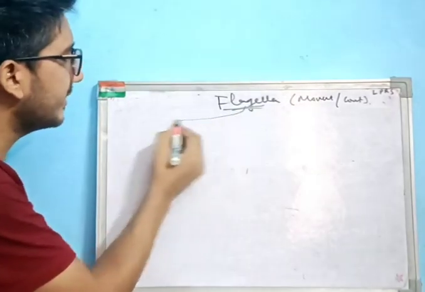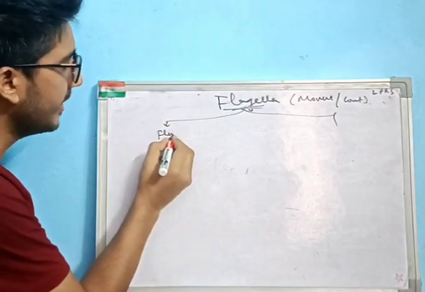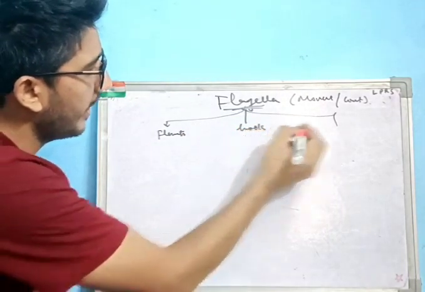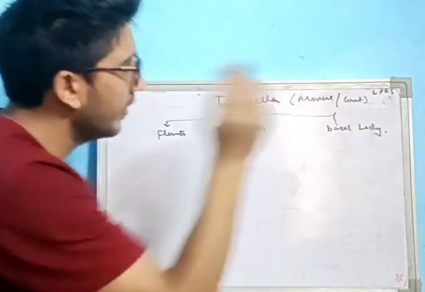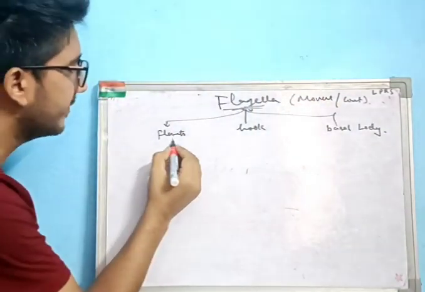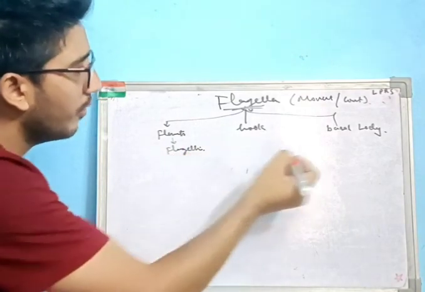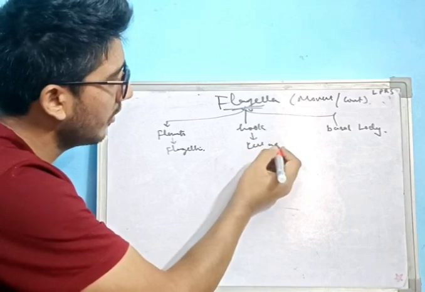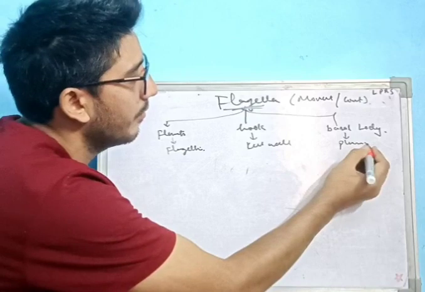Flagella has mainly three parts: the filament, hook, and the basal body. The filament is made of a protein called flagellin. The hook is attached to the cell wall, and the basal body is attached to the plasma membrane.